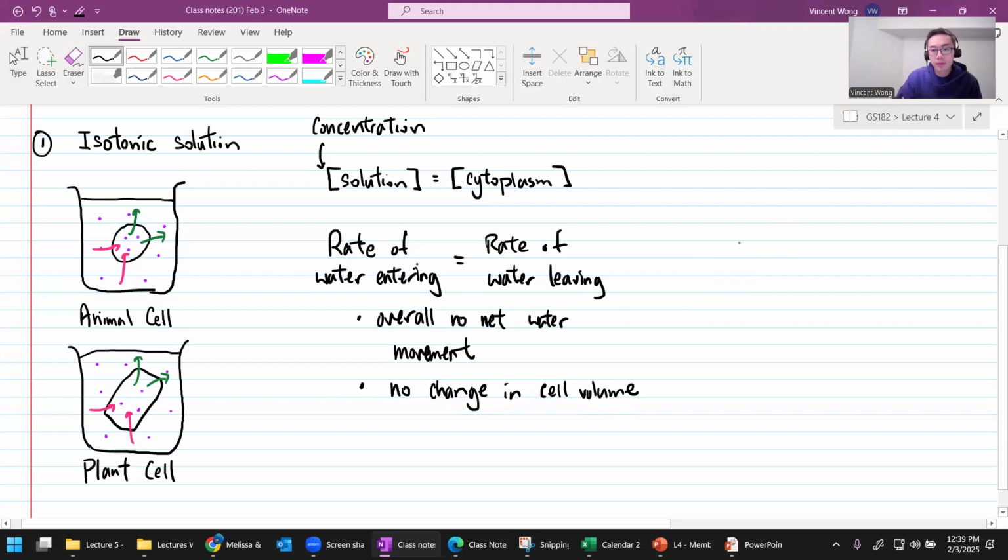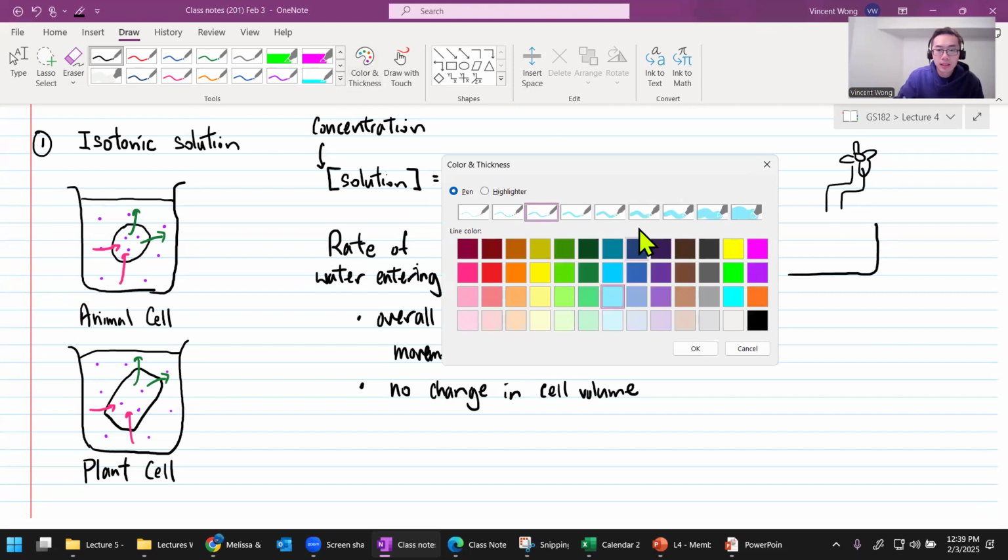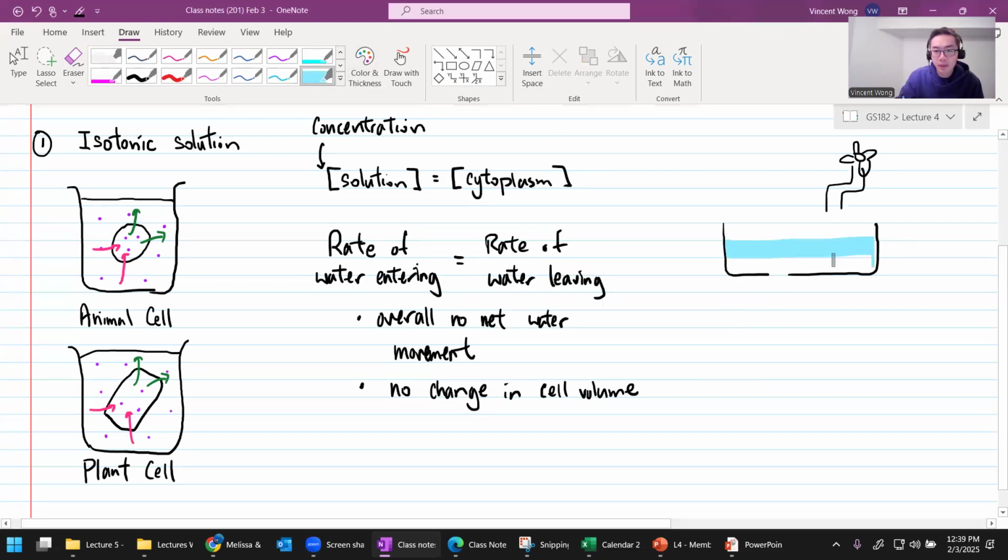Yeah, so to visualize this, you can think of a bucket, a basin with a hole at the bottom. And then we're gonna have a tap here. Let's say the basin already had some water in it to begin with. If you have a hole at the bottom, it's gonna start leaking out, right?